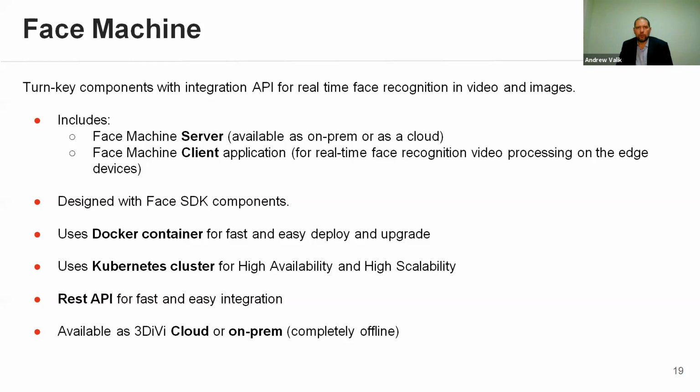And next, our product is FaceMachine. It's a set of components with API for real-time face recognition in video streams and in images. It includes FaceMachine server. We provide it on our cloud, so you can ask, and we will send you some trial access to this cloud, so you can test it.